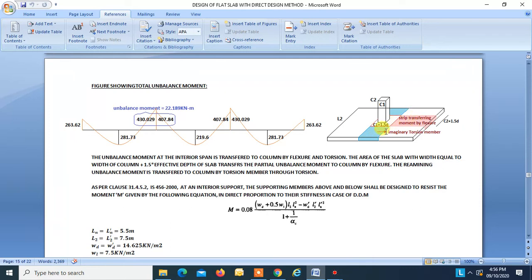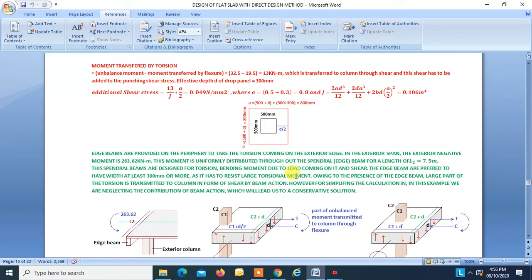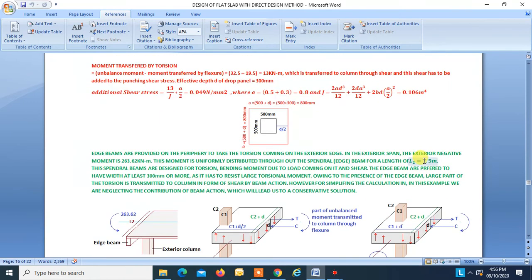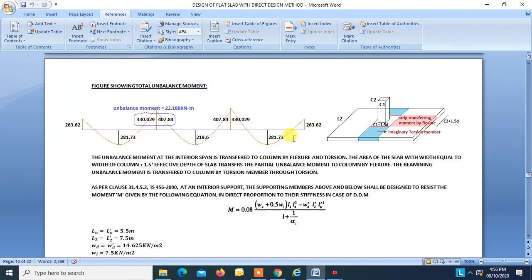We can see in this figure this strip, that is c2 plus 1.5 d, where d is the effective depth. This is c2. This strip will transfer part of the moment to the column by flexure, by this action. Now, the other remaining unbalanced moment will be transferred by these two imaginary torsion members through torsion.